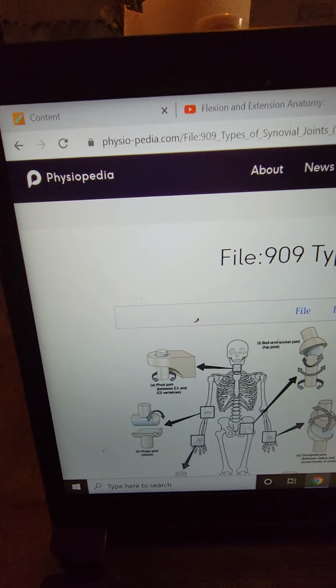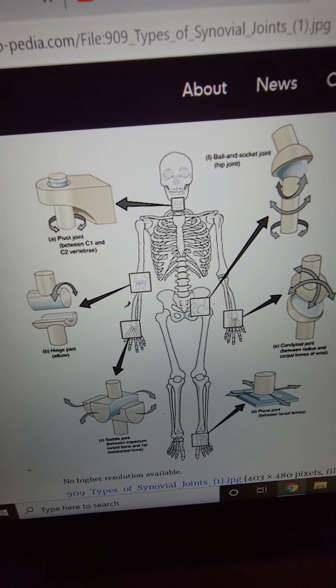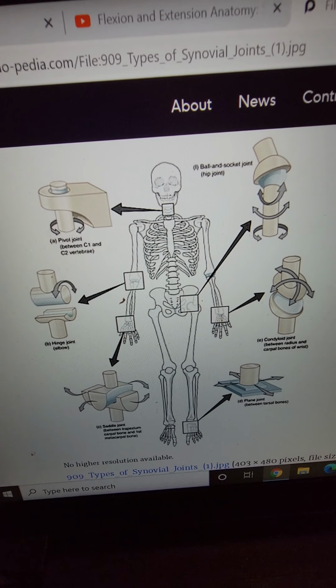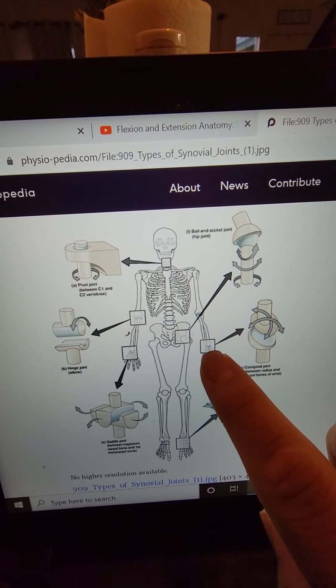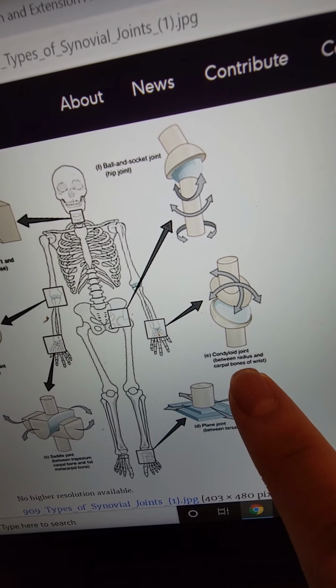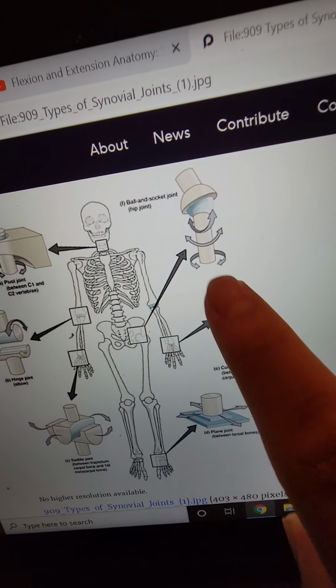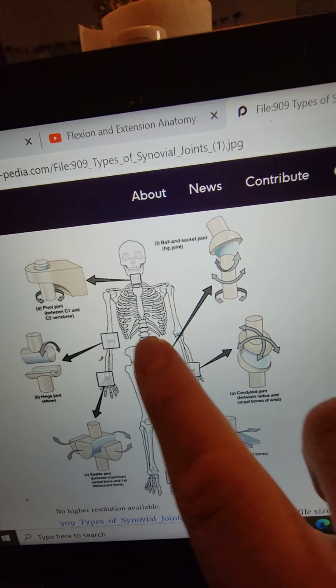This is on the webpage of Physiopedia, okay? So you can see, here's an example. As you can see, right in the hip, this is called the condylar joint, the ball and socket joint right here in the hip joint.